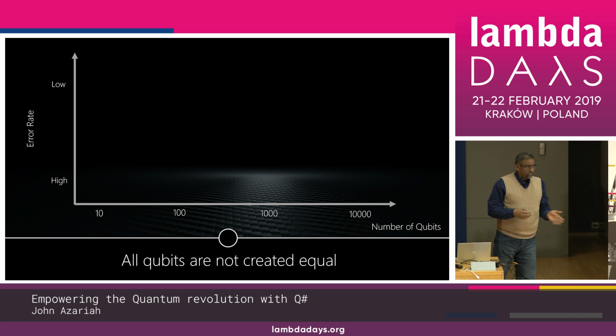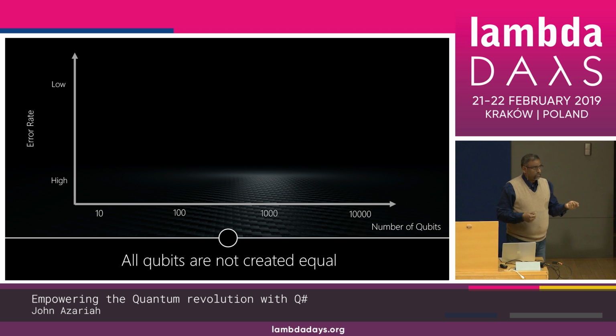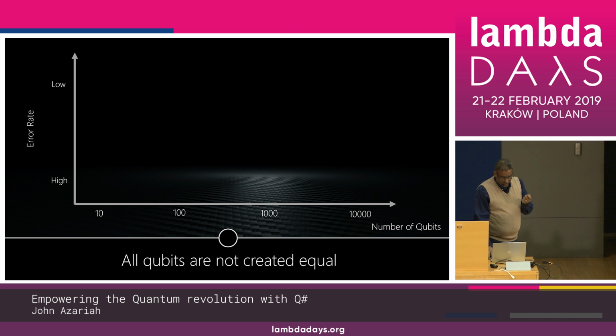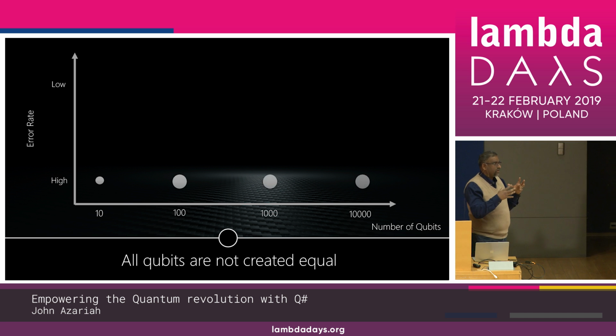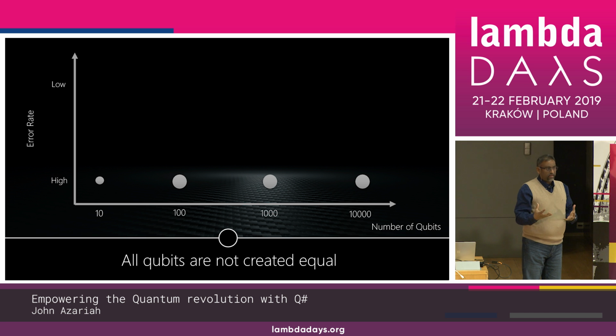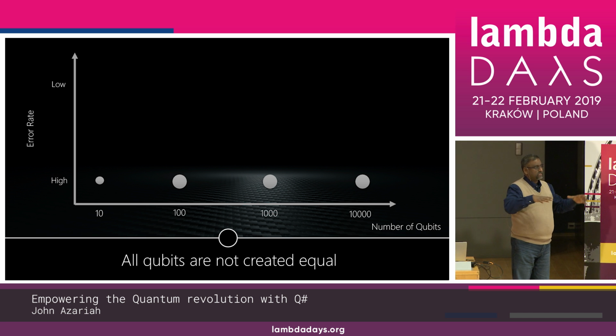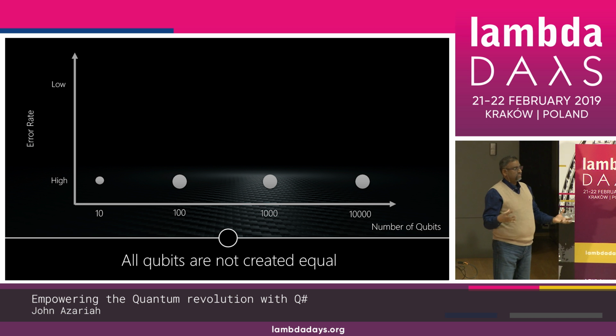And so the faster a qubit decoheres, the less chance you have of actually using it for computation. And so it matters whether you have a qubit that has a high error rate or a low error rate. And at the moment, the state of the art seems to be qubits that die in about 10 to the minus 5 of a second.